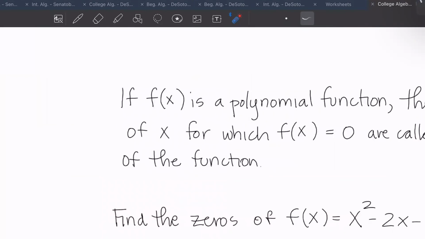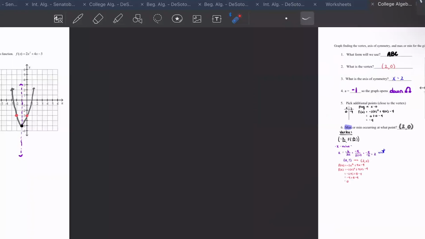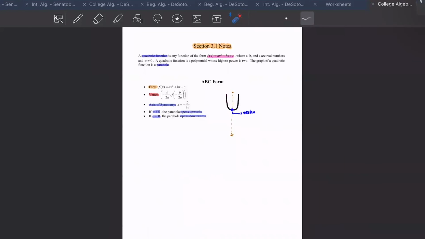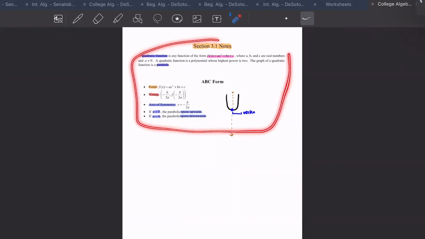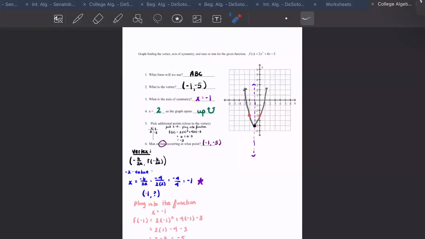So, for this, section 3.1 is all about parabolas, and this page is really the key. If you know this page, you can do whatever I ask. Either I'm going to give you a function, ask you all those questions, and then you'll graph it. The main thing is your vertex. You can't do much without your vertex and your axis of symmetry, right?